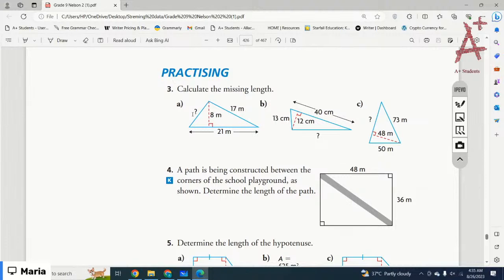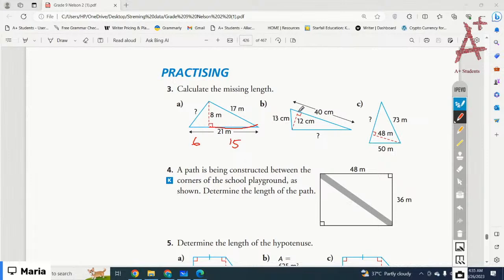It makes a right angle triangle. But you have to calculate this side. You just have to find this length. The whole length is 40, right? So for this side you need to calculate the length of this one.